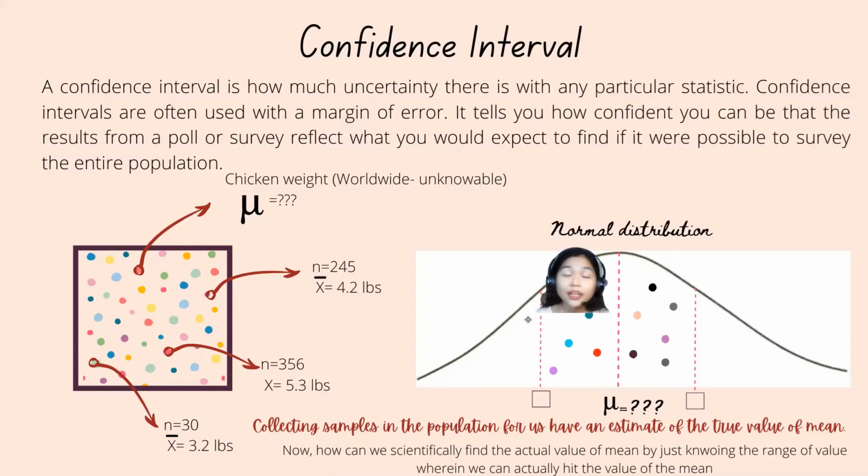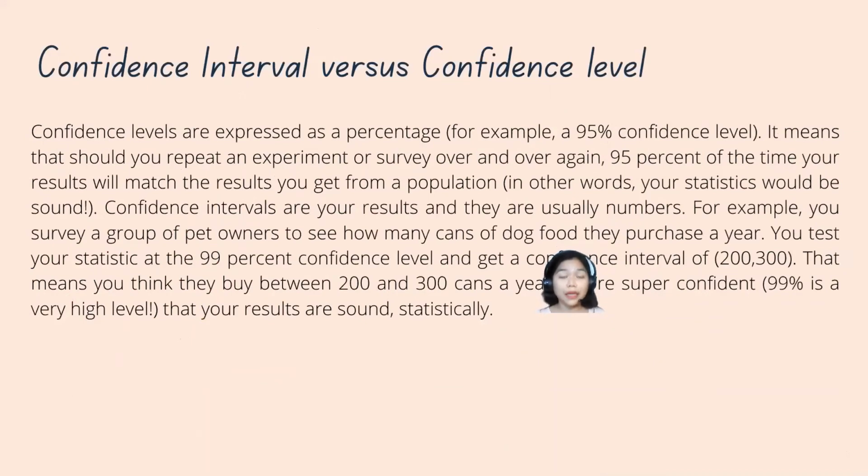Meron po tayong interval, meron po tayong range, para matukoy natin na okay, nasa range na ito, makikita natin ang accurate value ng mean. Pero as to the point kung ano ba talaga yung accurate value ng mean ng population, again, hindi po natin matukoy kasi hindi po tayo nagsagawa ng survey. Okay?